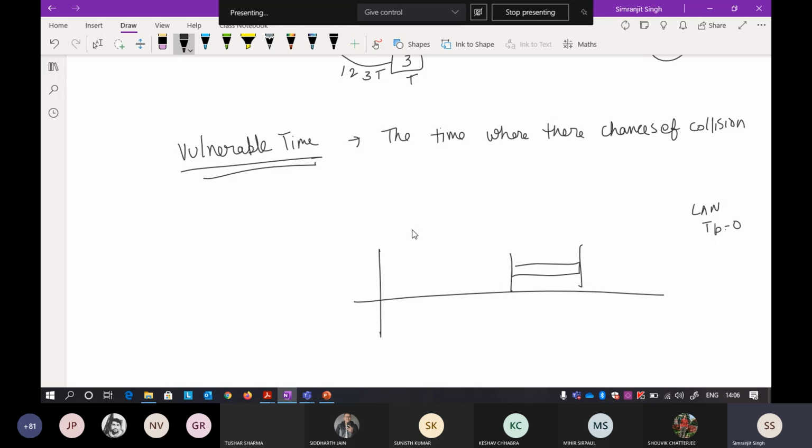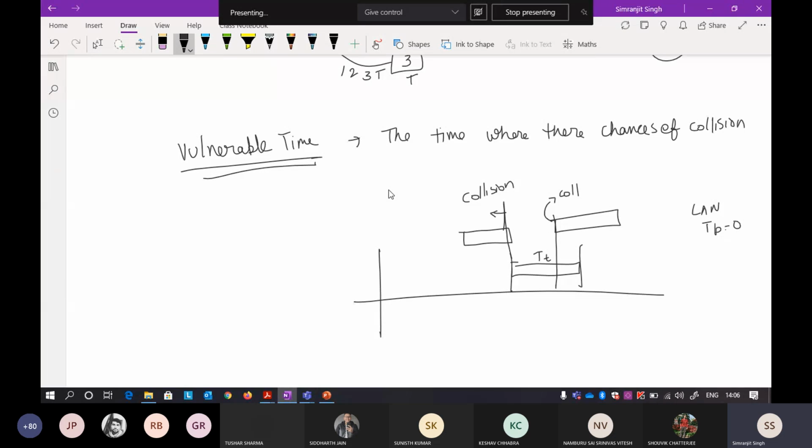Now this is my transmission time that is required. In this particular time, if another station tries to transmit the data, then there will be a collision. So this is a collision here. Or some other station was already transmitting the data, and then I started transmitting the data, and then there will also be a collision. So there is your vulnerable time.